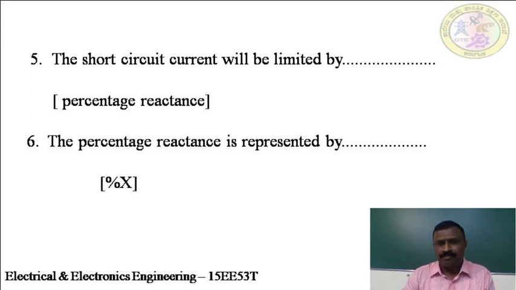Before concluding, the main objectives of this session: we should know the different types of faults in the system. We are able to calculate short circuit current and short circuit kVA, and we know the importance of short circuit calculation.